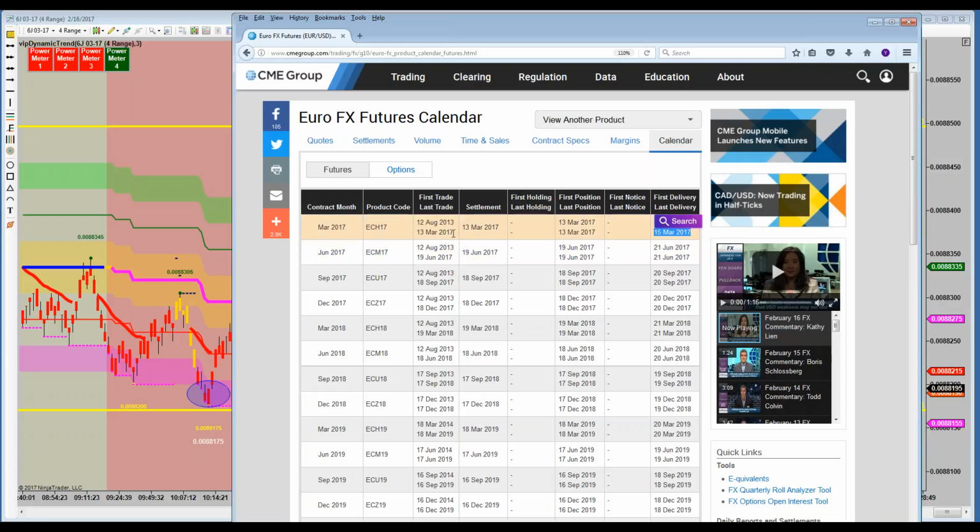So here's the way it normally works, all right, just to give you a heads up. You take the earlier of these two dates, the last delivery or the last trade, and you fade it by a week. Normally it's a week. Sometimes it's 5 days, but roughly a week. So when, if we were to guesstimate, would we be rolling the 6E contract from March to June?